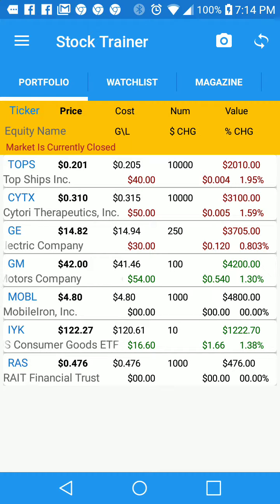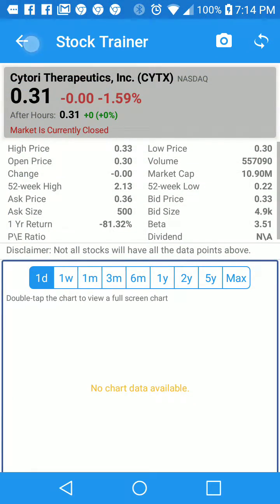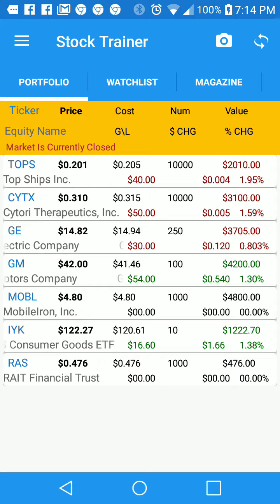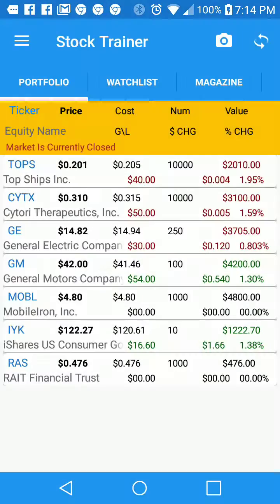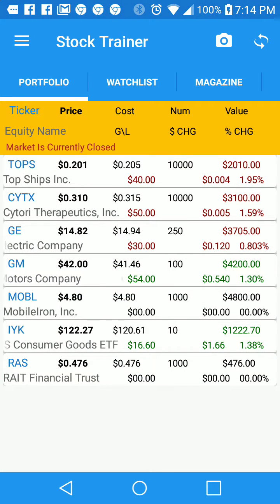Tops, Cytotherapeutics. I can never say that name. Oh gosh. GE, GM, Mobiliare, the ETF, and the iShares ETF, and our newest, the RAIT Financial Trust. Those are going to be the stocks that we're going to go ahead and pick and use for our learning purposes. Some of these I have in real life, some of them I just got to test out.